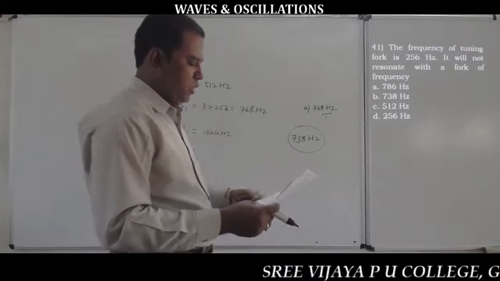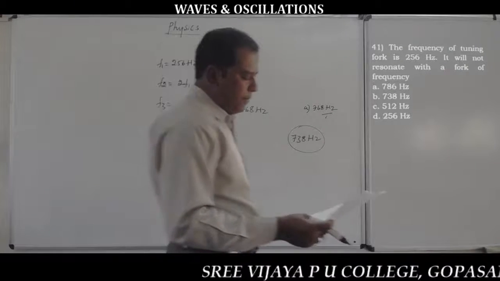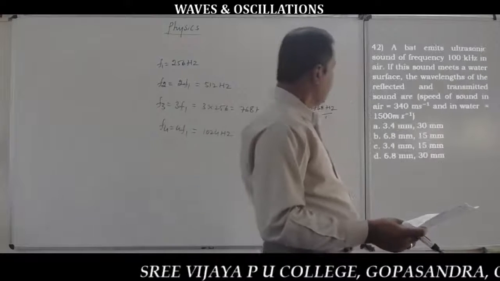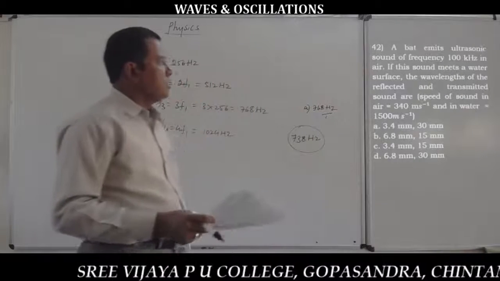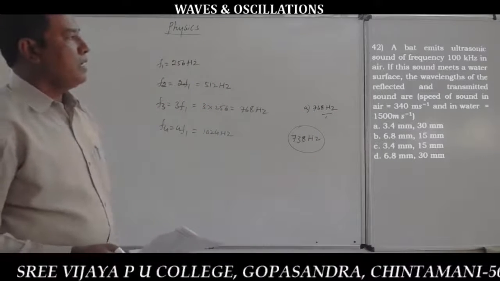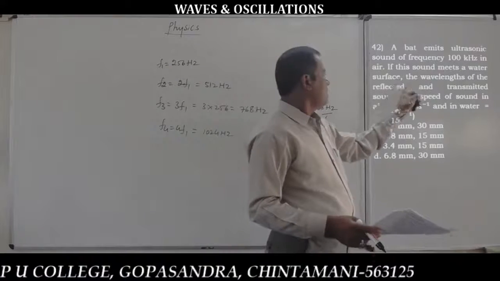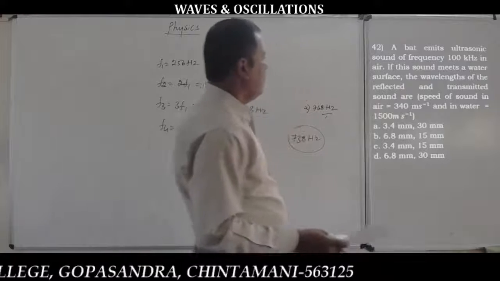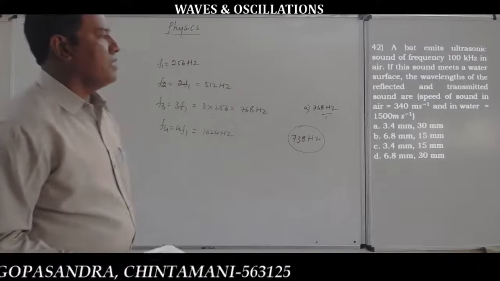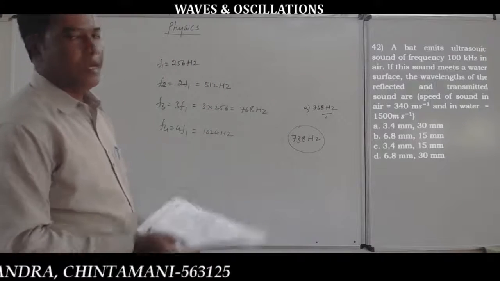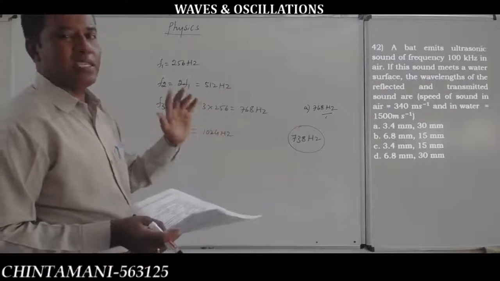Next let us go to 42. A bat emits ultrasonic sound of frequency 100 kilohertz in air. If this sound meets a water surface, the wavelengths of reflected and transmitted sound are, reflection means bouncing back to the same medium.